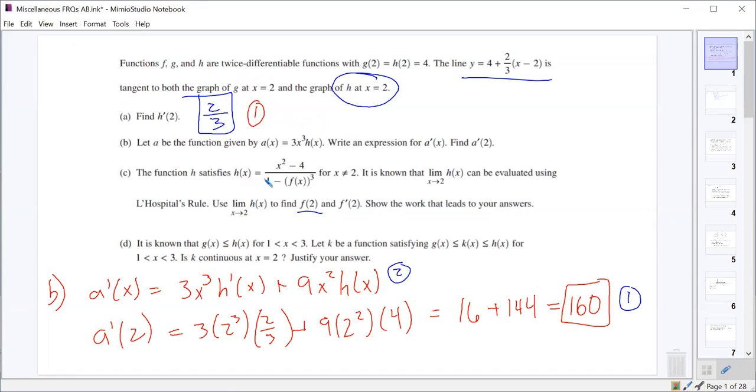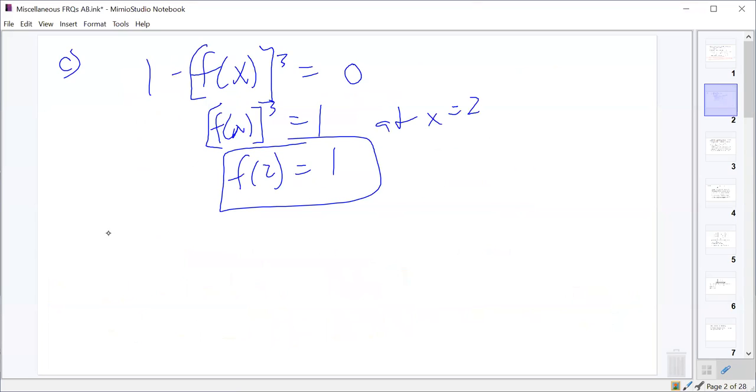And so when we take the derivative of the top and the derivative of the bottom of h of x, if we're looking for the limit of it, we should get 4. Right? So we should be able to say that the derivative of the numerator, which is just 2x, over the derivative of the denominator, which was 1 minus f of x cubed, right?